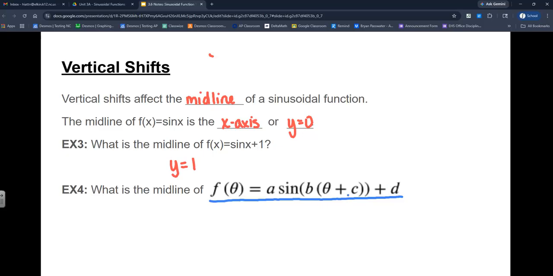If we're asked for the midline, it is really only affected by shifts up or down. And this plus d right here is our shift up or down in that graph. So whatever we have for that d right there is going to be our midline. So our midline for this would be y equals whatever that d value is.